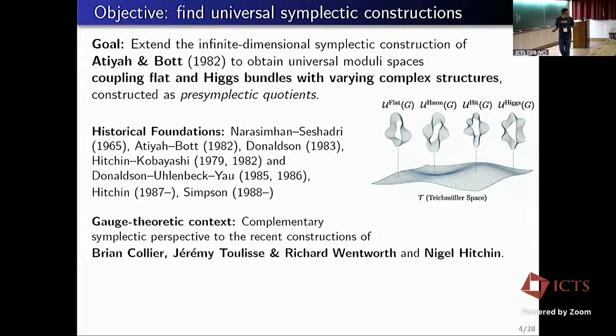We still have to understand. There are many open questions here, I think, but we expect this is complementary to the work of Brian with his collaborators and the work of Nigel that he explained 2 days ago. So we expect we are approaching the same problem from different angles.